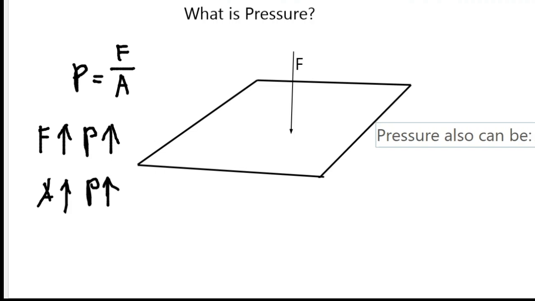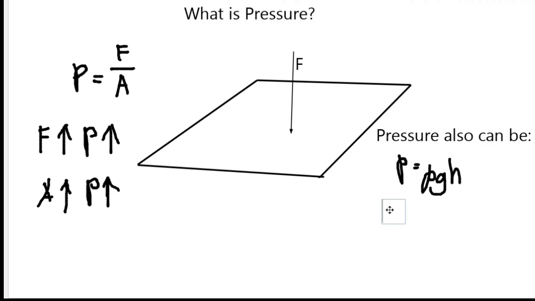So pressure can also be defined in fluid. Pressure in fluid is going to be the density of the fluid, rho, multiplied by the gravity, multiplied by its depth.